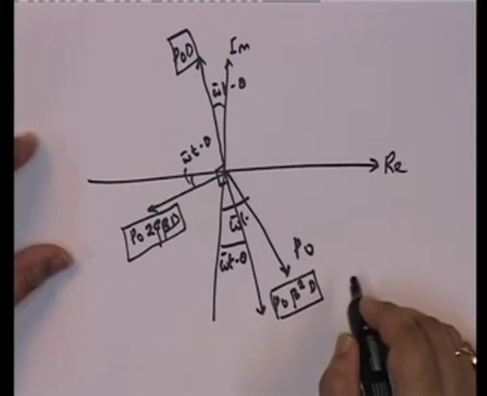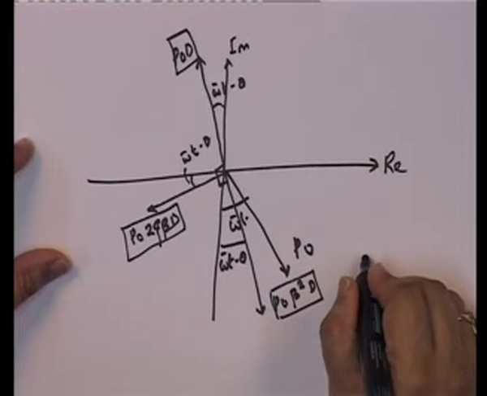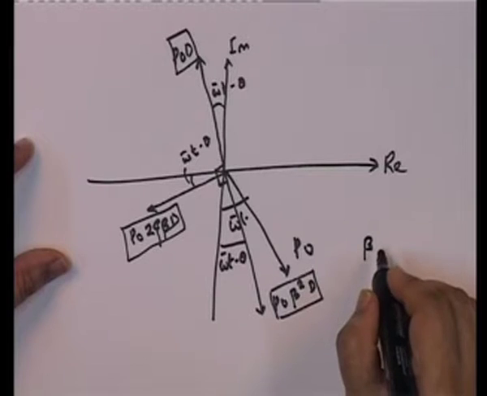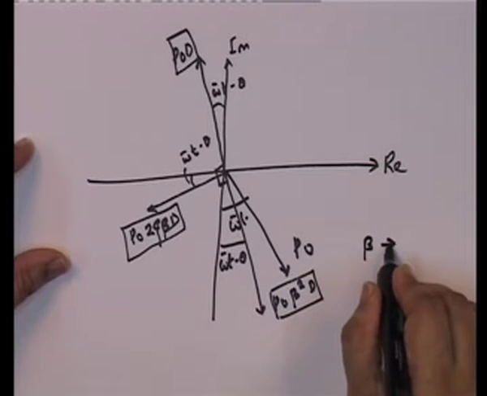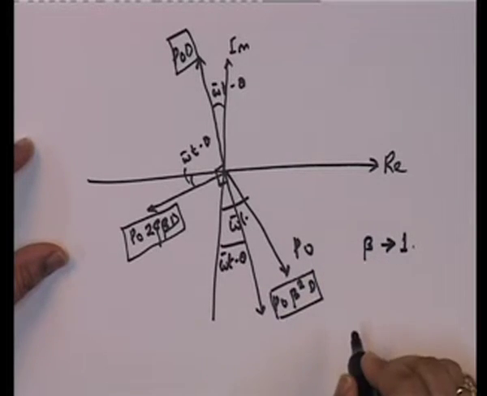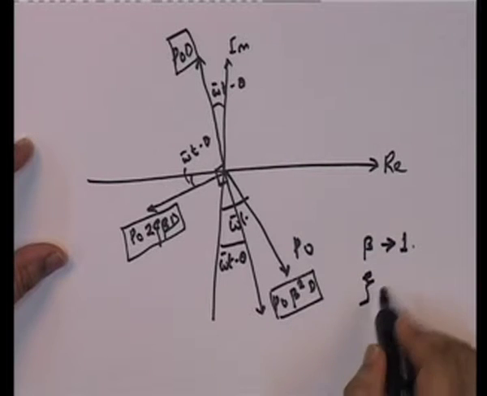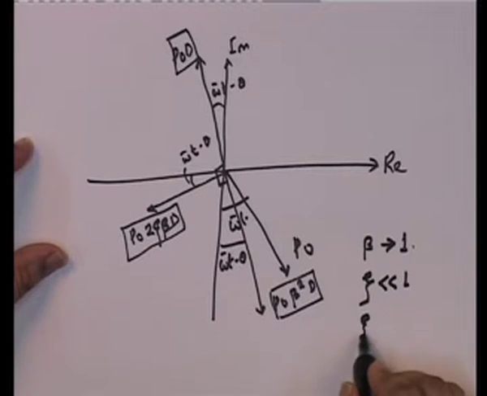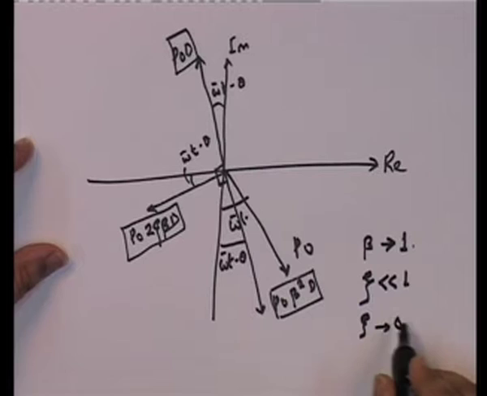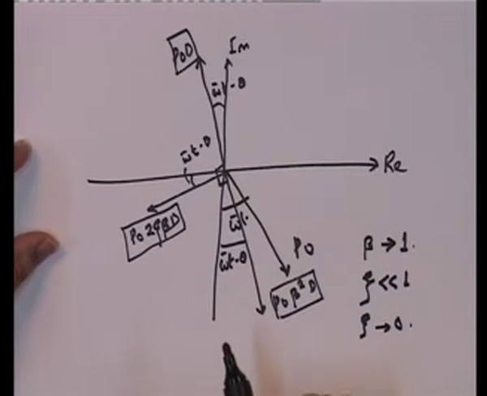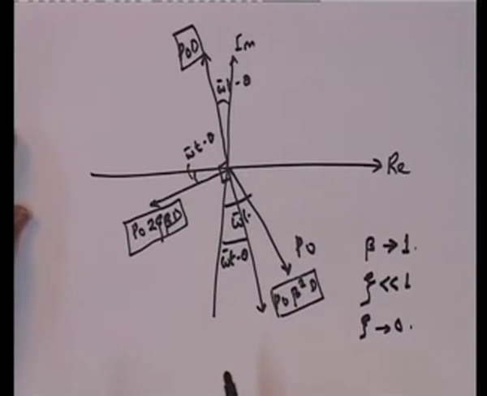Let us take a situation where beta tends to 0, and we will assume that xi is very much less than 1. In other words, xi tends to 0 without being 0. Understand that it tends to 0 without being 0. Why?